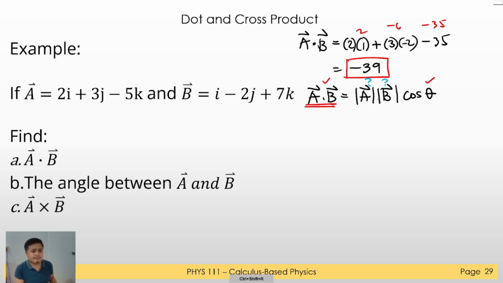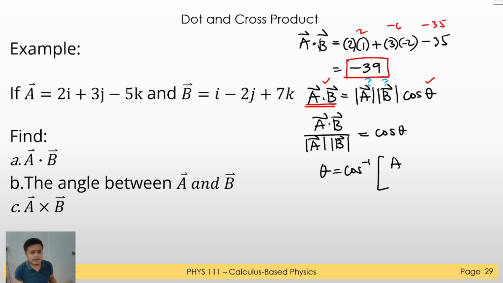Okay, so we could cross multiply: A dot B over the magnitudes is equal to cosine theta. Therefore, theta is equal to the inverse cosine of A dot B over the magnitude of A vector multiplied by the magnitude of the B vector. We know that A dot B is equal to negative 39.